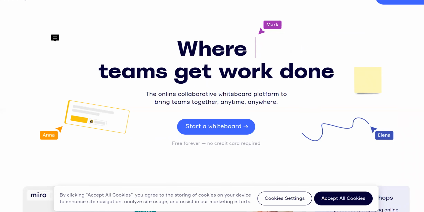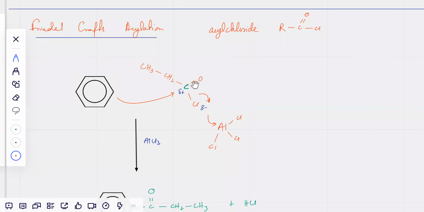So we'll quickly go through this thing, 2, 4, 6 directing groups and 3, 5. So I'm just going to give you a quick recap again. And I think it's hanging up. Just a second.